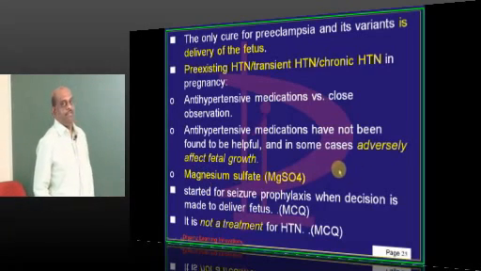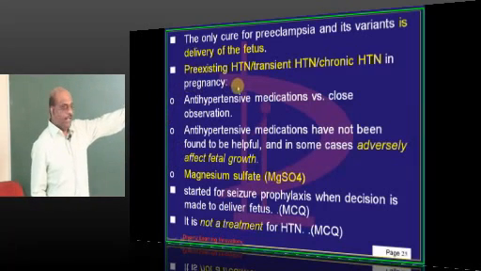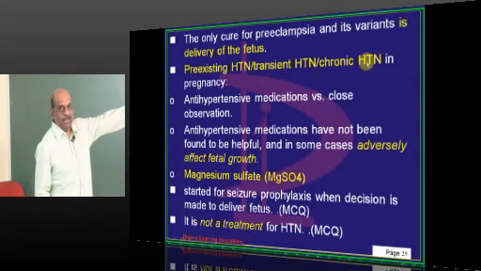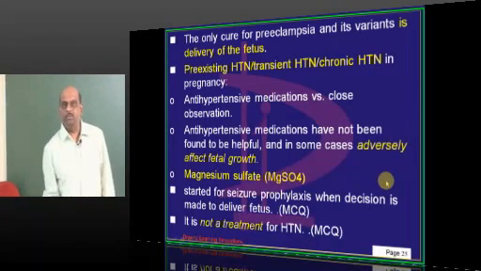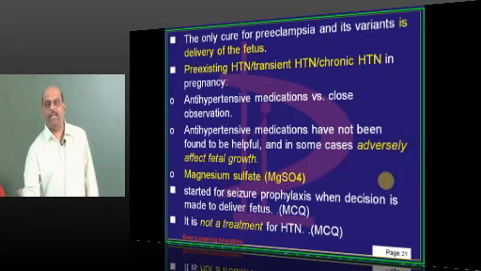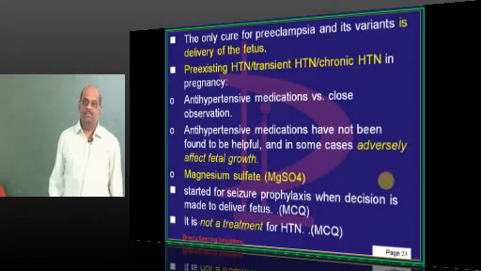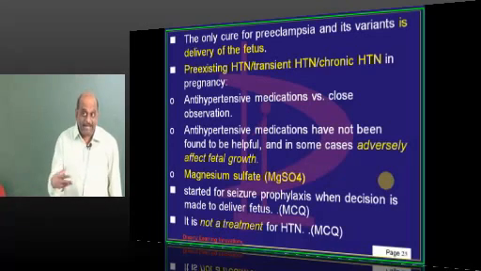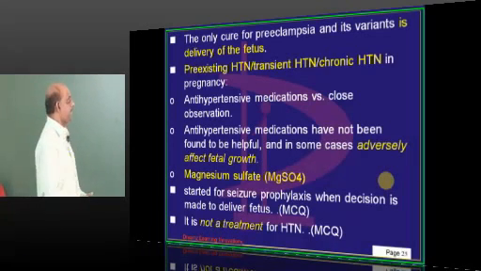Then magnesium sulfate. In any of this group, pre-existing hypertension or transient hypertension or chronic hypertensives, they have a risk of ending up in severe preeclampsia with eclampsia, possibility of eclampsia. Is there any way to prevent the eclampsia from developing? Prophylactically, can you give something to prevent the development of eclampsia? Yes, sir.